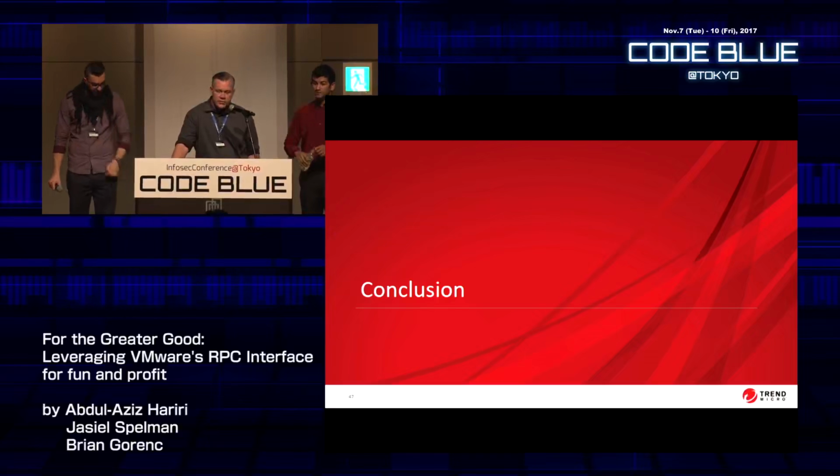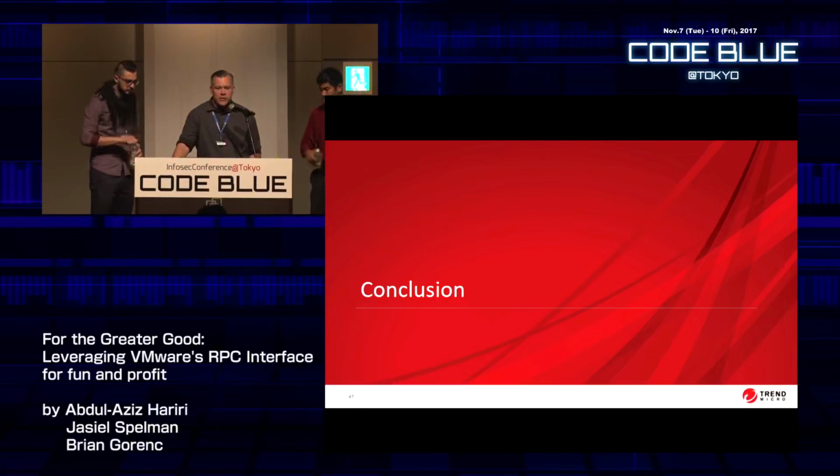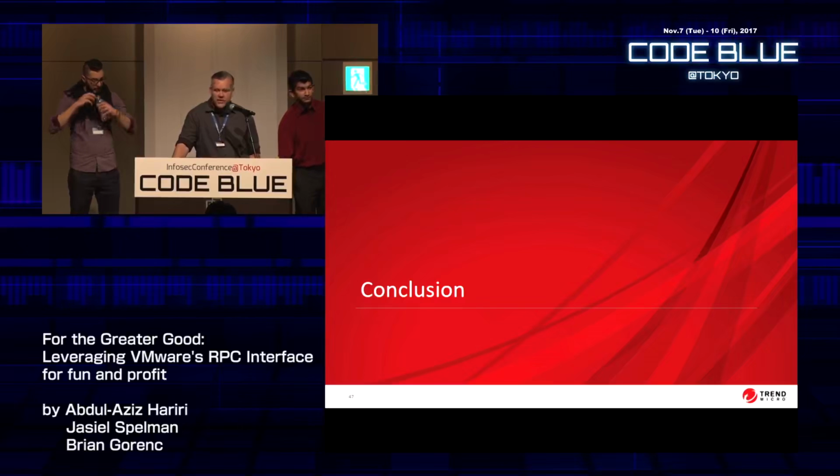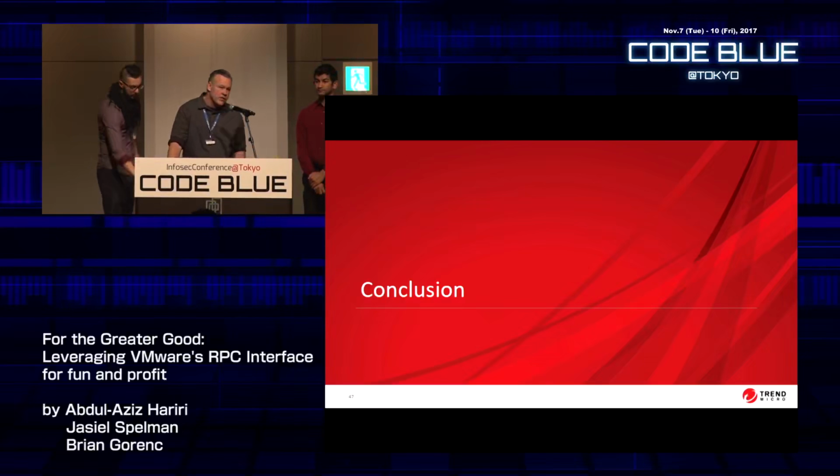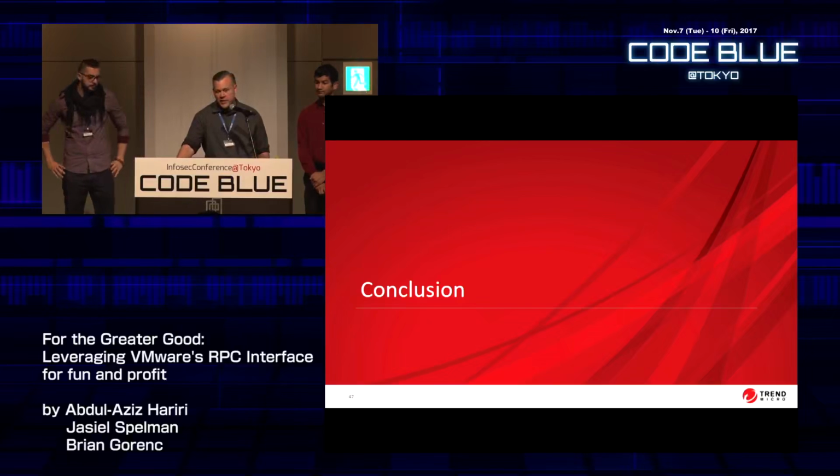And so when we started to collaborate with some of our partners in the industry about Pwn2Own, we really wanted to see increased exploits against VMware for the purposes of disclosing those exploit techniques to the vendor to get them fixed.